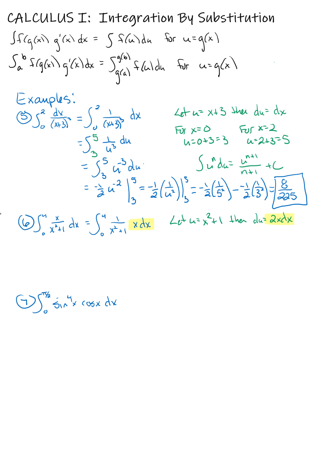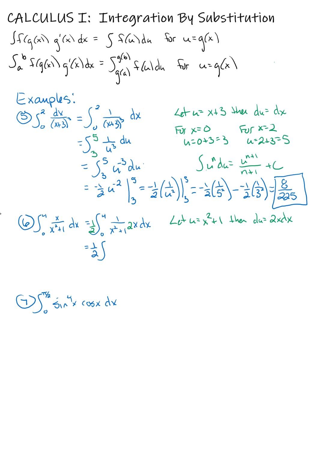Now I'm missing a bit. I'm missing that 2. But remember, we can multiply by 2. I could put that 2 in there, but I have to balance it by multiplying by 1/2 out in the front. So now what we've got is 1/2 integral.